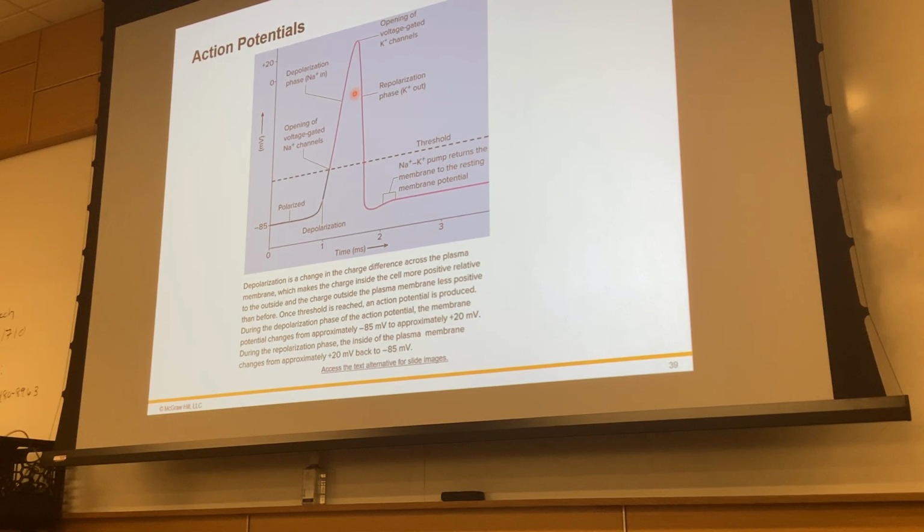Sodium is outside of the cell, so it has to move inside the cell. Potassium is set up inside of the cell by the sodium-potassium pump, so it has to move outside of the cell, and that's what this says. When it has to return to its resting membrane potential, the sodium-potassium pump reconfigures it. It sends all the potassium inside the cell and all the sodium outside of the cell.